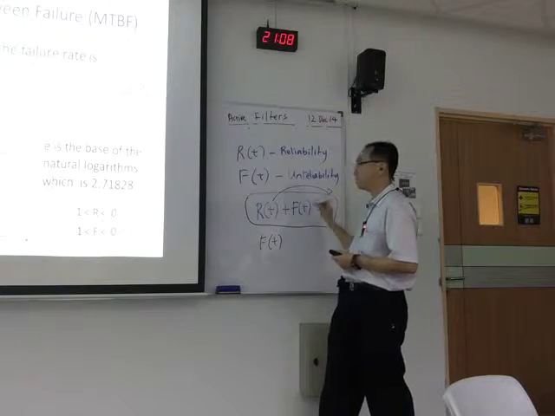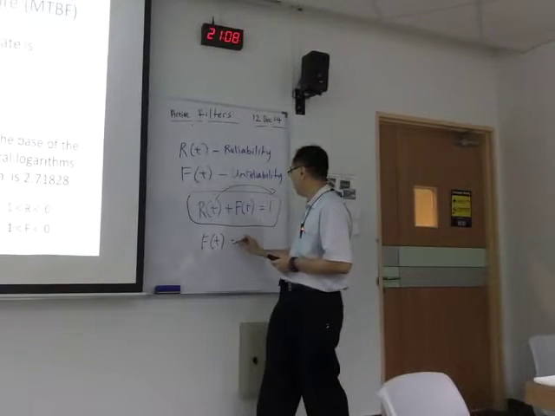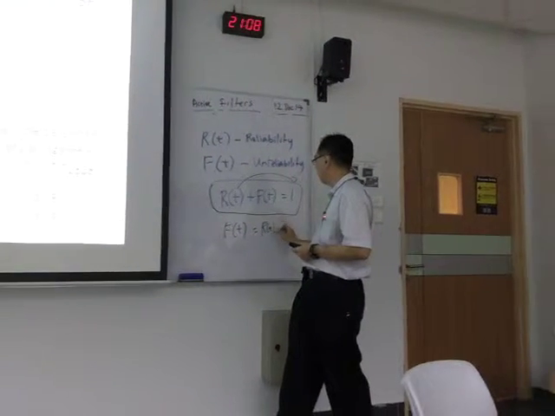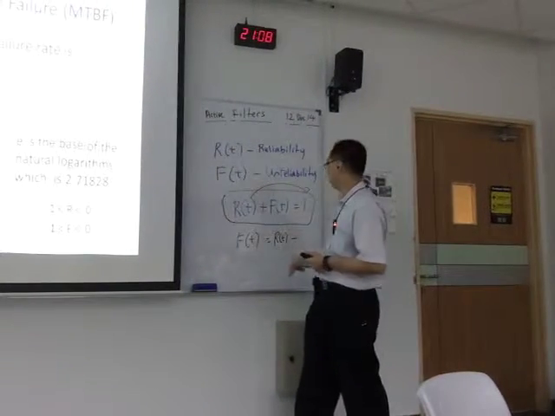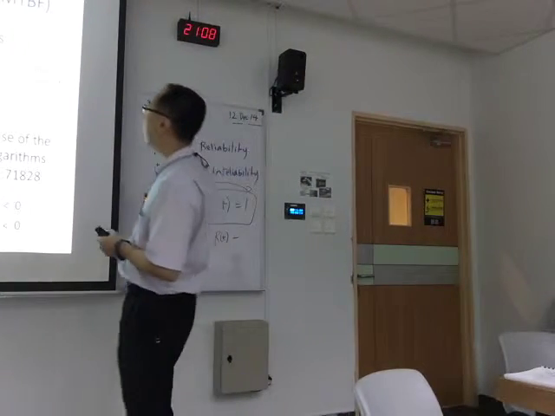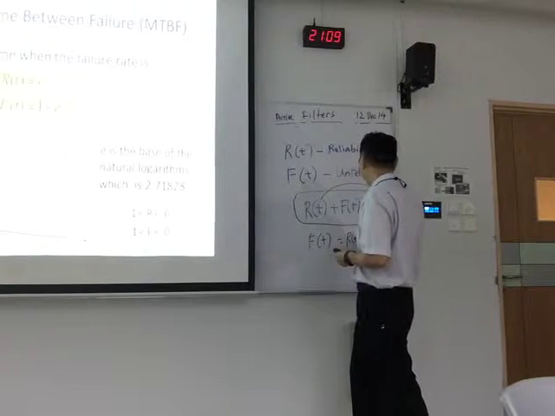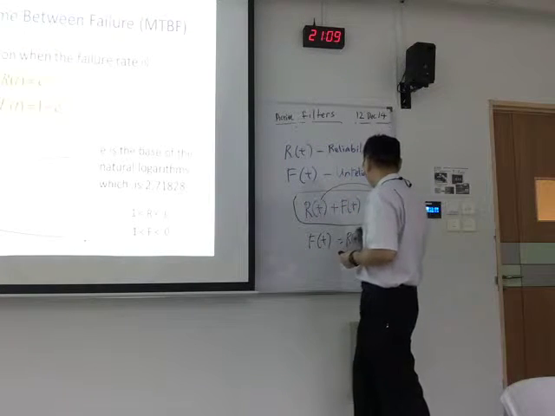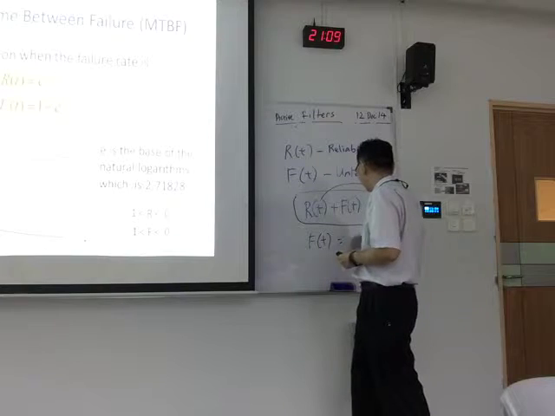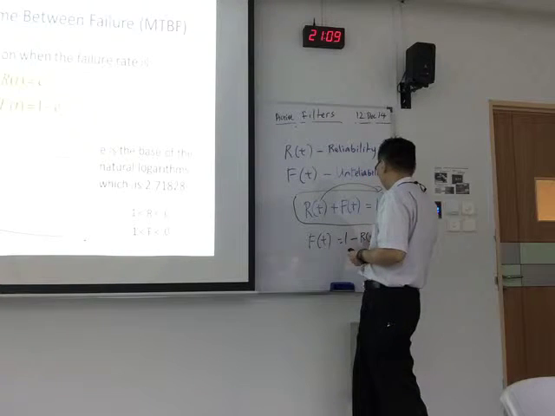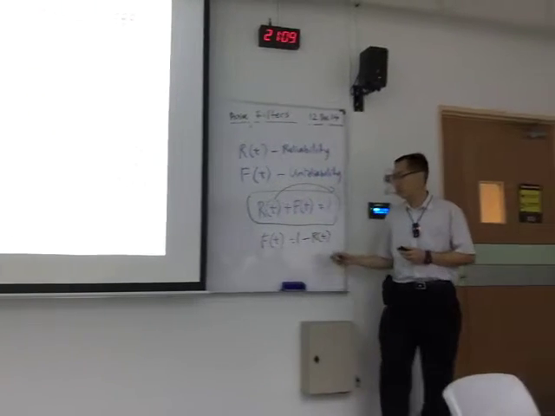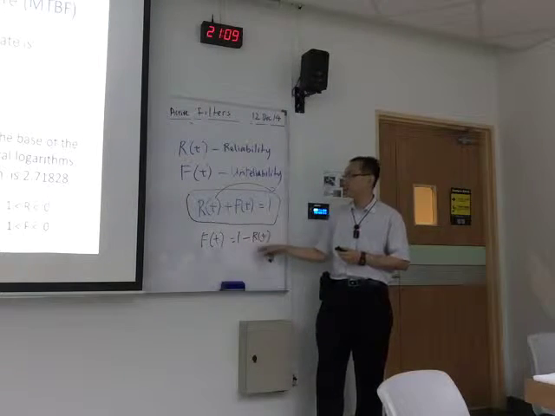Bring this one over to the other side, so F(t) equals 1 minus reliability. This one you bring over, it's minus, not the other way around. So it's 1 minus. Is it okay?